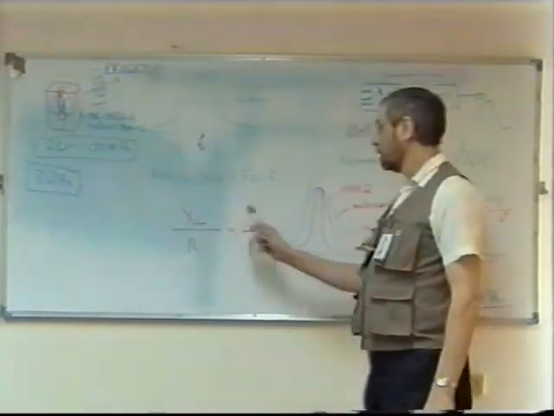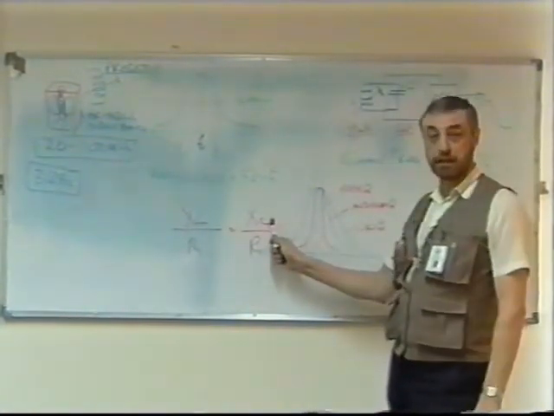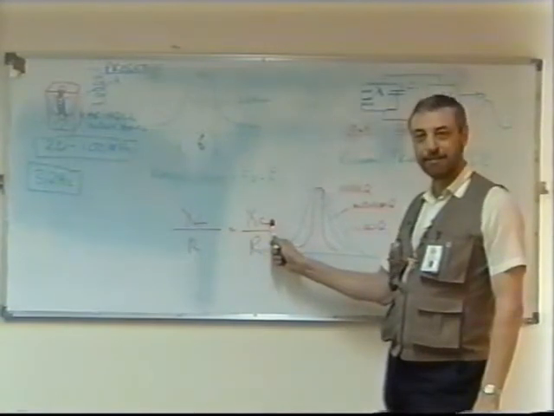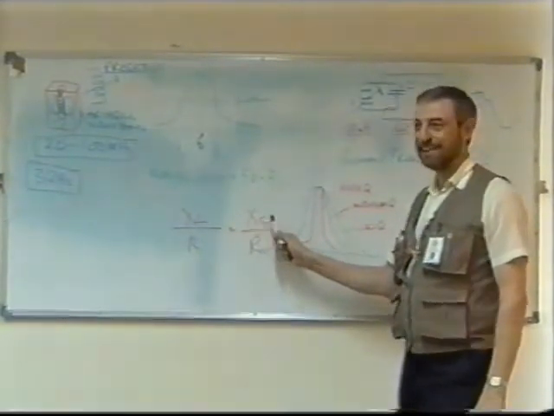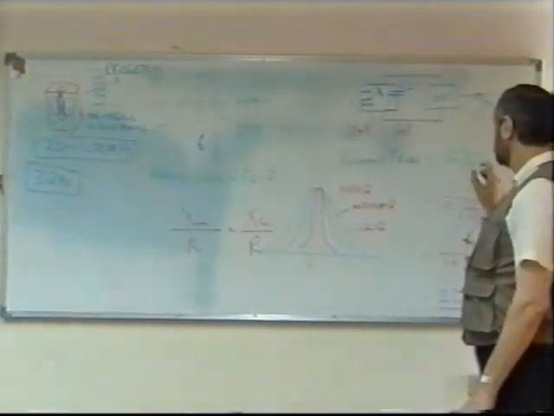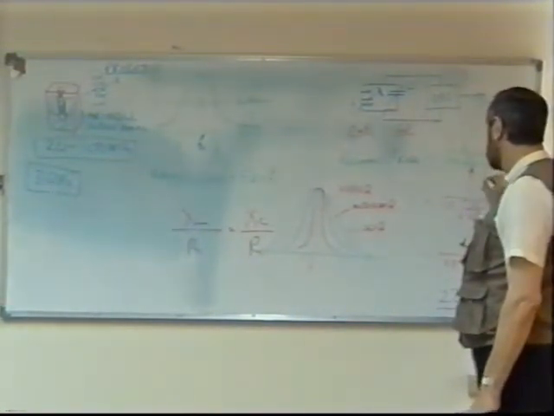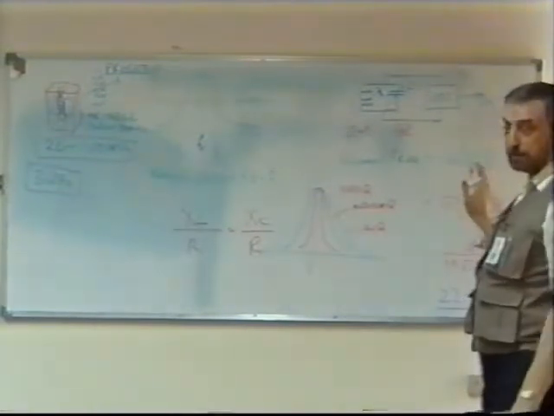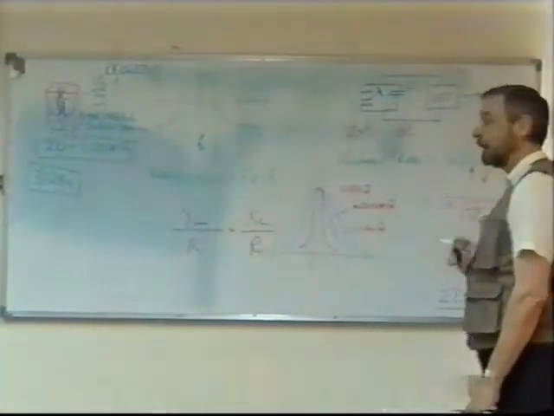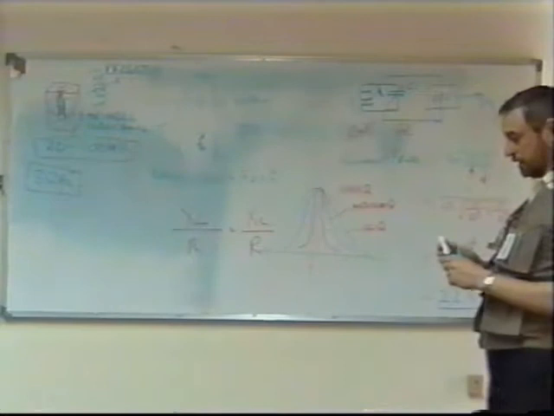Large. To make XC big, what do I need the capacitance to be? Very small, that's right. So, even though I keep the same resonant frequency, if I use a very large value of L compared to C, not large per se, but compared to C, I can make myself a very high Q factor circuit.